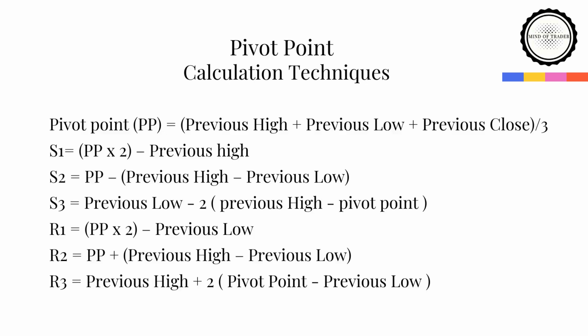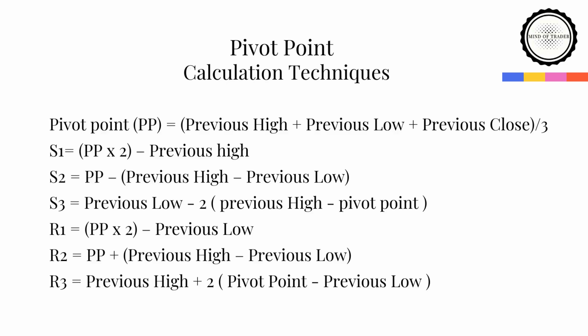When you have to calculate the pivot point, the main line, you have to look at the previous day chart and mark the previous day high, previous day low and previous day close. You have to add all three of them and then divide by 3. Whatever number comes is your pivot point for the present day.